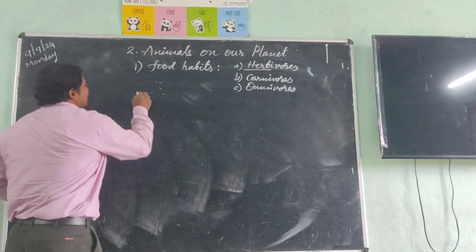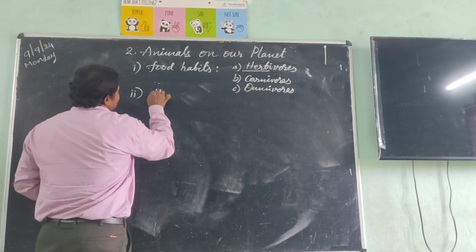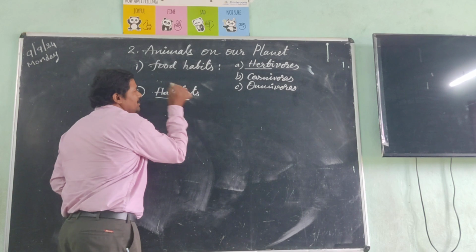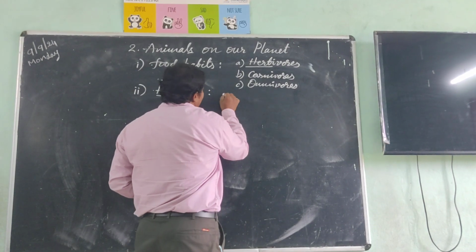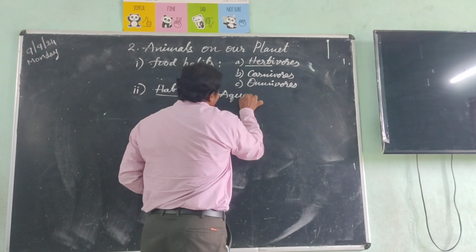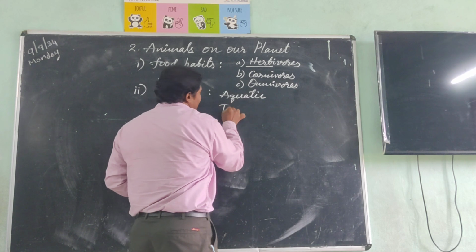Then the second classification is done based on habitats. Habitat means living places. Here living places may be classified into two. One is aquatic. Second one is terrestrial.